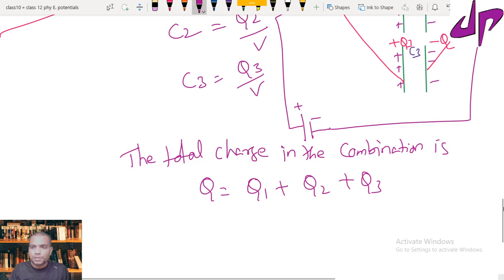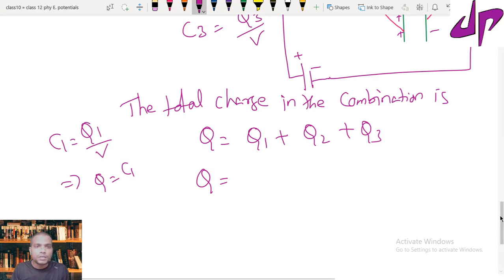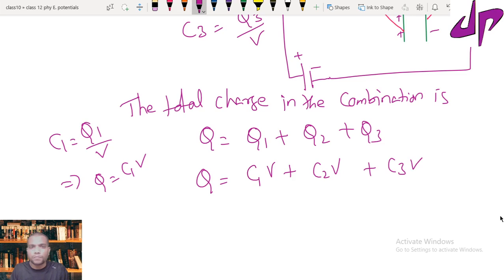From the above expressions, since C1 equal to Q1 by V, that implies Q1 equal to C1 times V. So I can write the total charge as C1V plus C2V plus C3V.